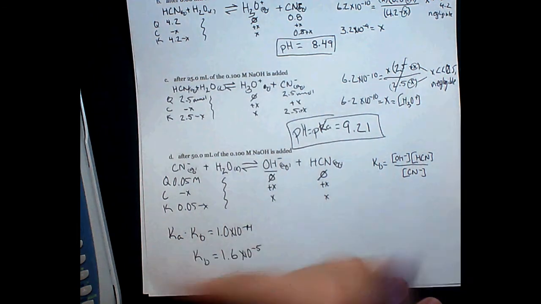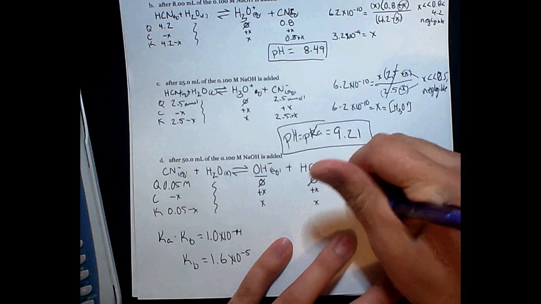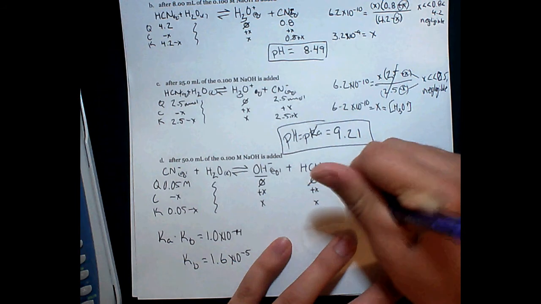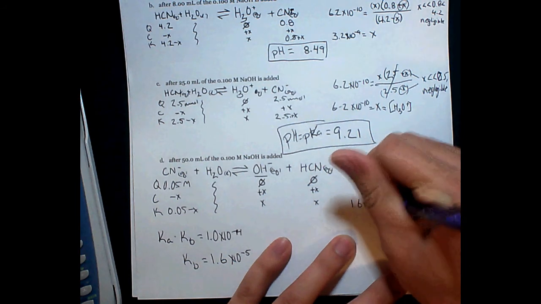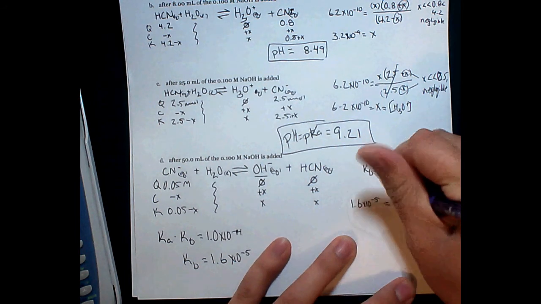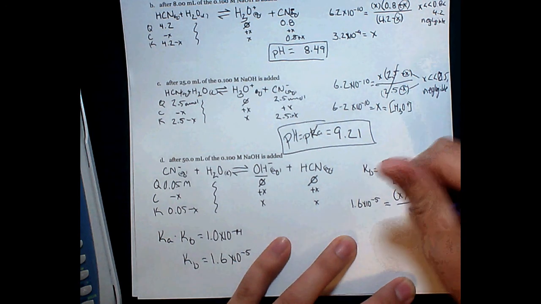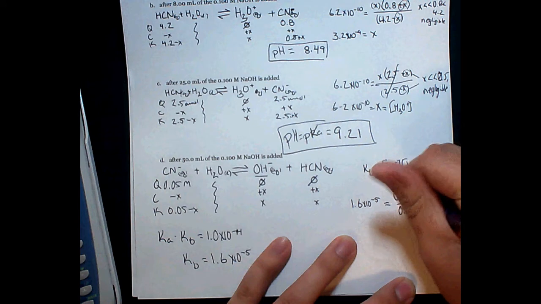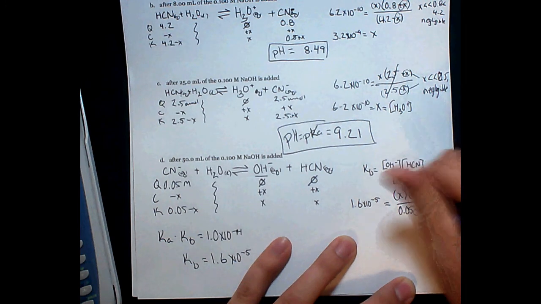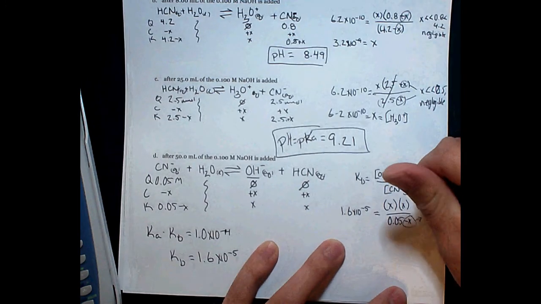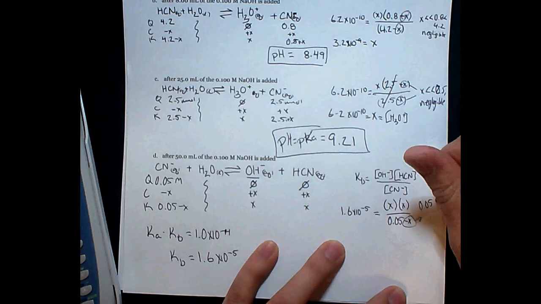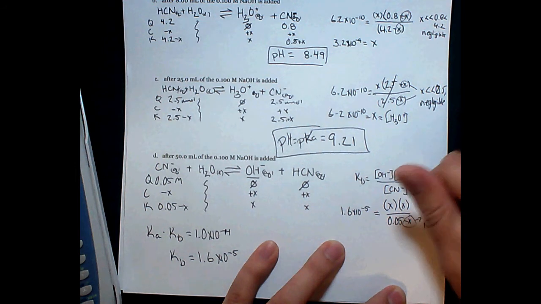So now we're going to plug these numbers in. So we get 1.6 times 10 to the negative 5th is Kb. We get X and X divided by, this is going to be 0.05 minus X. We're going to say that this X is negligible because 0.05 is much greater than X. So it's negligible.